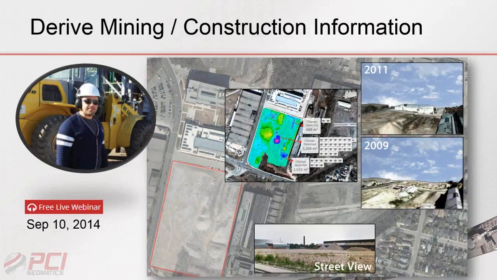So what you're seeing is a digital surface model that is being used to detect changes in elevation and even get down to measuring volumetric information. What you're seeing here on the screen is quantified change in volume, so basically stockpiles on a construction site. If you didn't get a chance to see that, by all means, you can head to our website and download a recorded version of that.